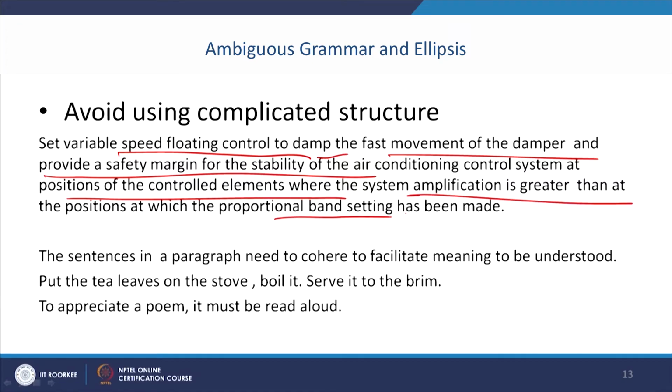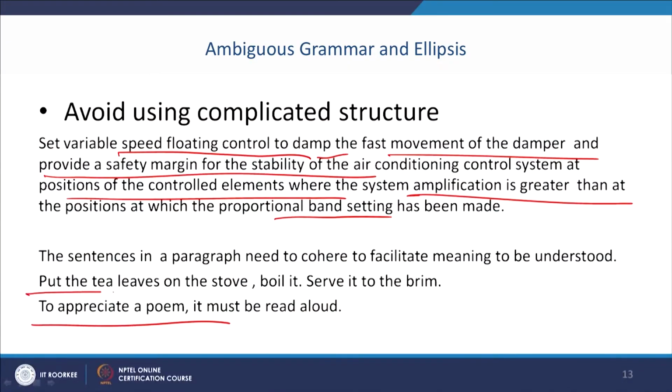Now, do you think that people will be able to derive meaning? What is meant here is that you need to stabilize the speed by providing a margin near the band. But the way it has been written, it is actually a complicated structure.